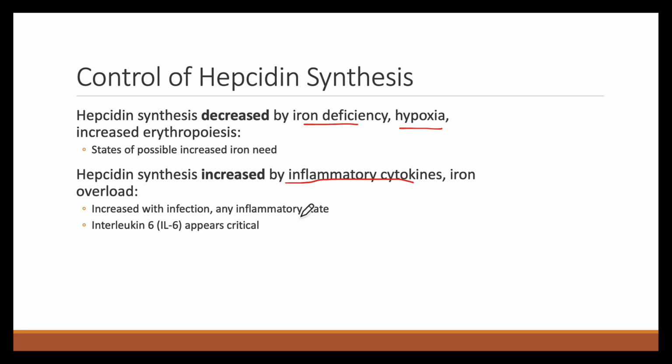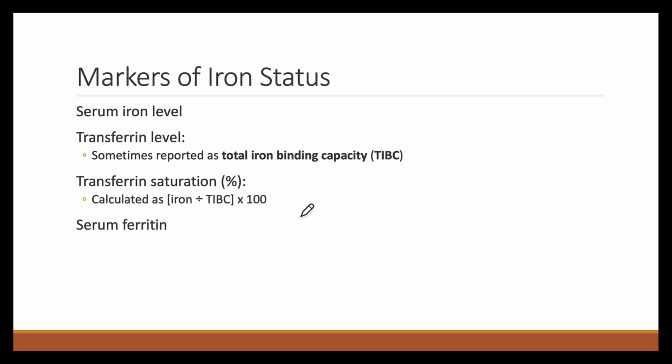The thought is that this molecule is designed to prevent microorganisms from gaining access to our iron, such as what happens with infection. But any state of increased inflammation can do this, and this is said to be the mechanism behind anemia of chronic disease, which is another subtype of anemia that would be discussed separately.